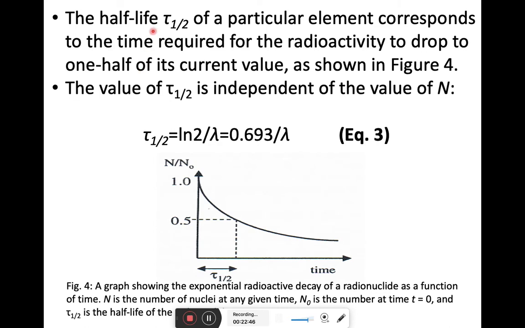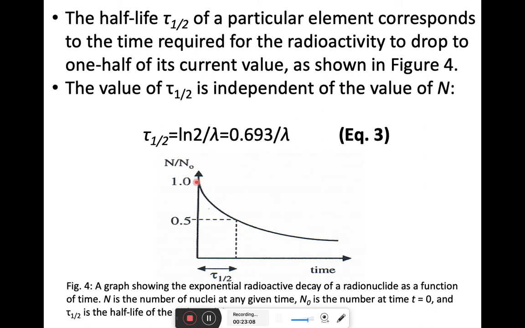So what is the half-life? The half-life of a particular element corresponds to the time required for the radioactivity to drop to 1/2 of its current value, as shown here in Figure 4.